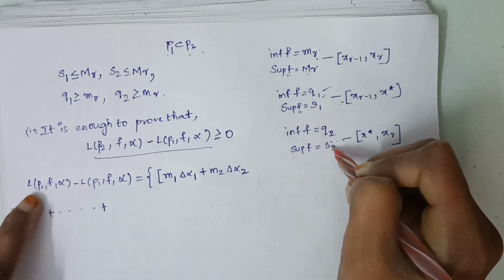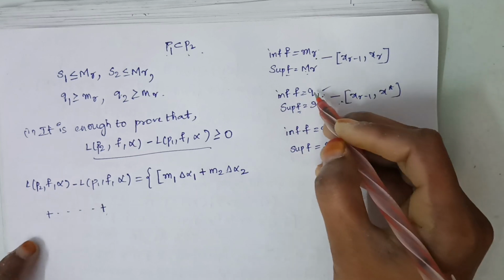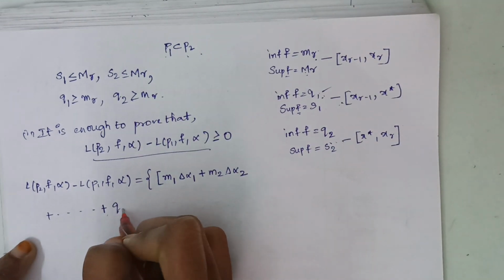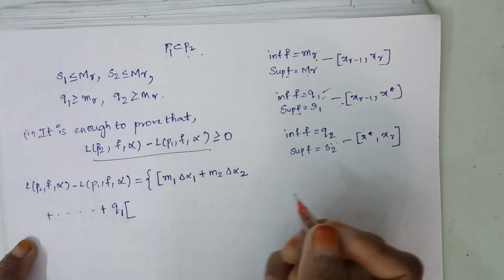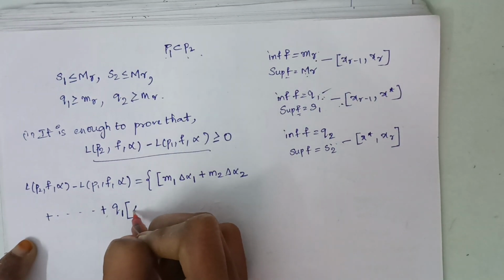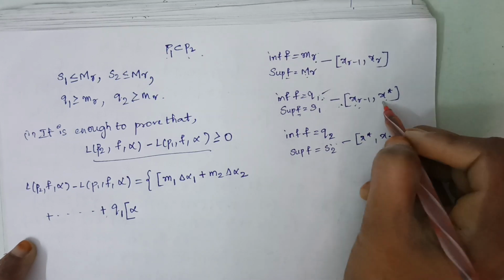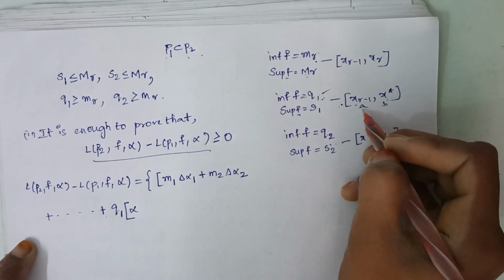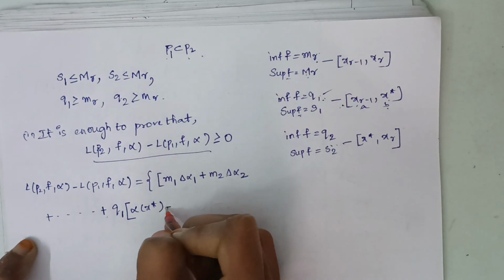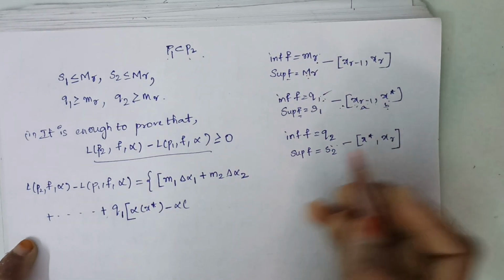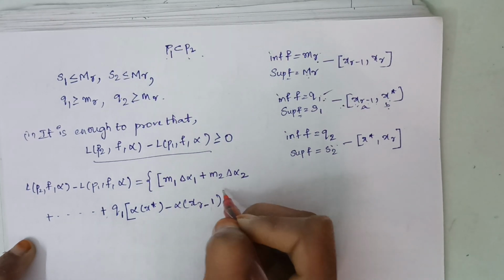And we have L, so we get the infimum. Okay? And Q1 into alpha of B minus alpha of A. This is B and this is A. Therefore, alpha of B is x star: alpha of x star minus alpha of x r minus 1.